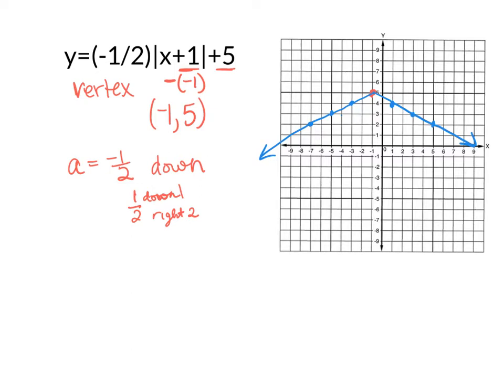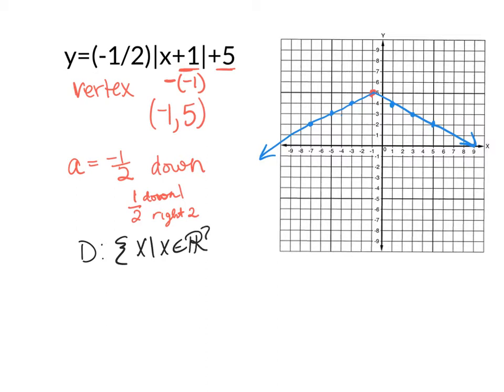So we would call this transformation a reflection in the x-axis, and the wider graph is your vertical shrink factor of 1/2, and then your translations. So our domain is all real numbers.